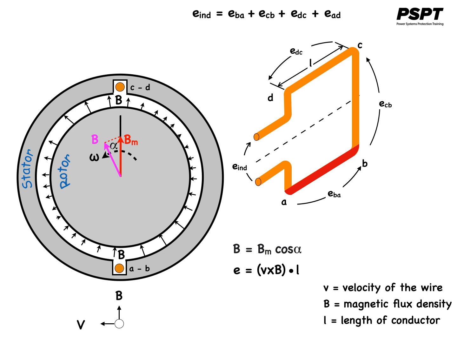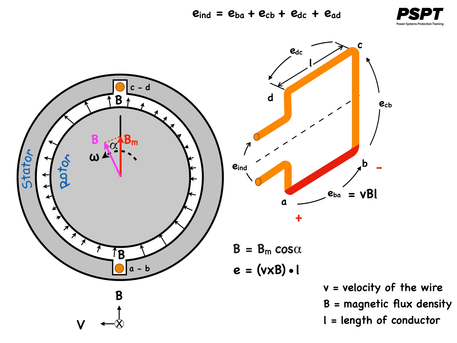For segment AB, assuming that B is directed radially into the rotor, the angle between V and B in this segment is 90 degrees, while the quantity V cross B is in the direction of L. So E subscript AB, which equals V cross B dot L, is just the magnitude of V times the magnitude of B times the magnitude of L, directed into the page for alpha less than 90 degrees.